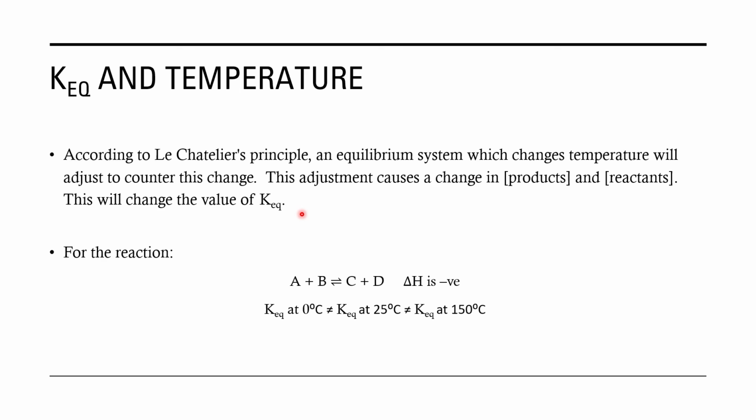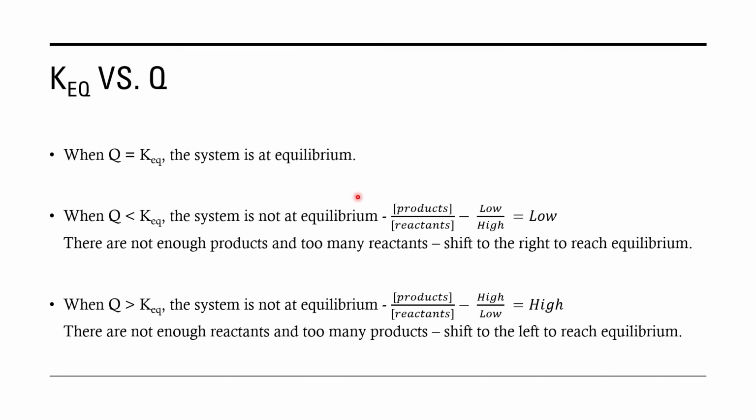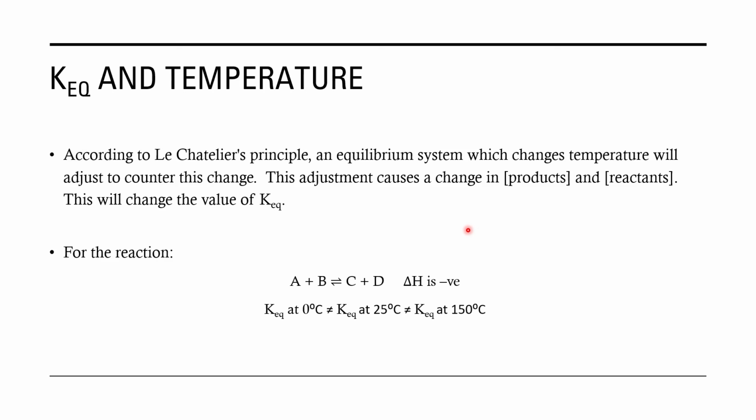And this adjustment causes a change in the product and reactant concentration. So if you have a favored reaction because of a temperature change, that's going to change the concentration of the products and the reactants. And as a result, based on everything that we've looked at so far, we know that for these Keqs, they are completely dependent on product and reactant concentration.